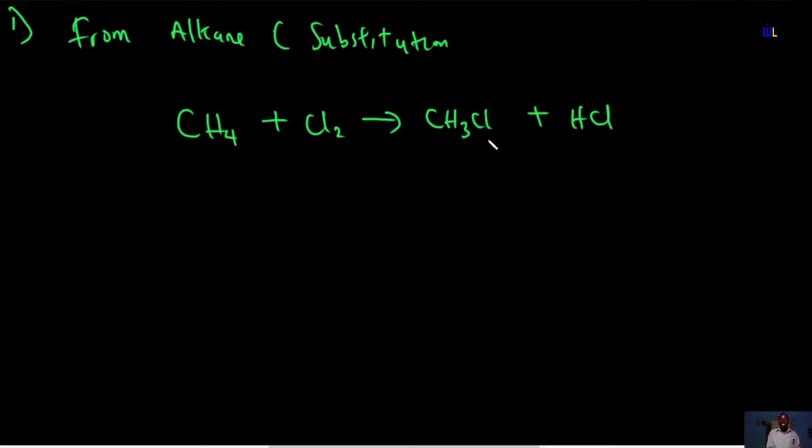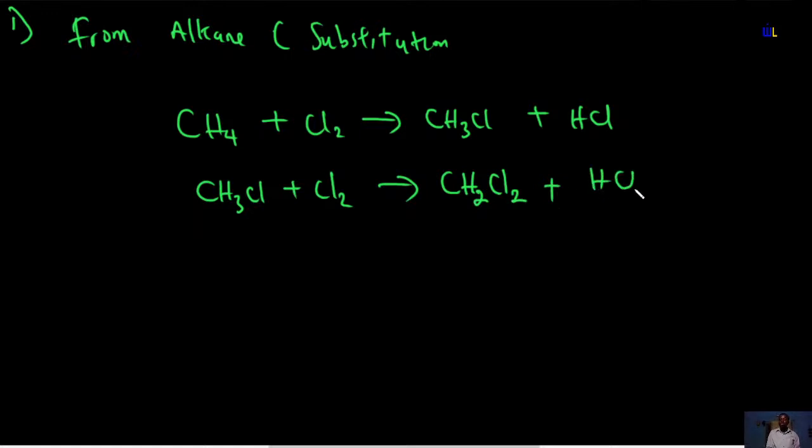Now if you further react this CH3Cl with another chlorine, what happens? The same process occurs. It will split, replace one hydrogen, so it will now be CH2Cl2, and then remember HCl has to be formed. You now take this particular compound and react it again with another chlorine. Automatically one of the chlorines replaces one hydrogen, the hydrogen attacks the other one, and they form HCl.